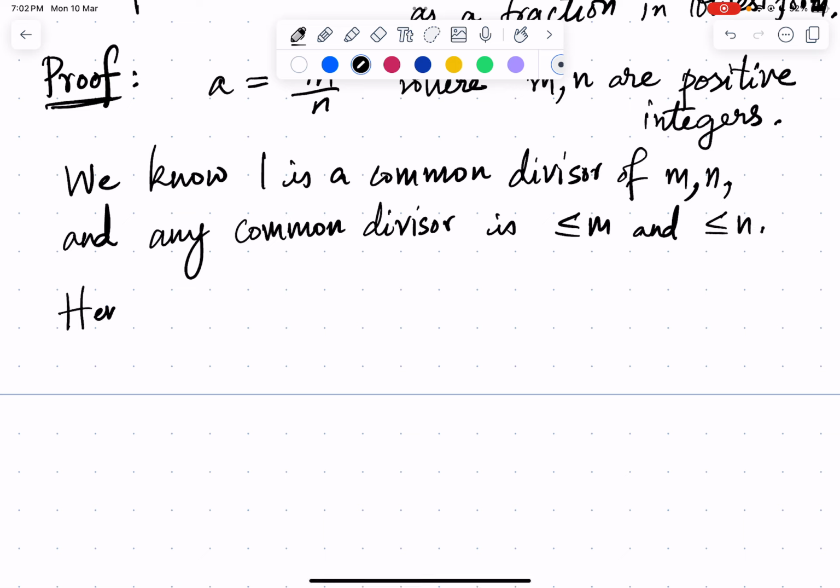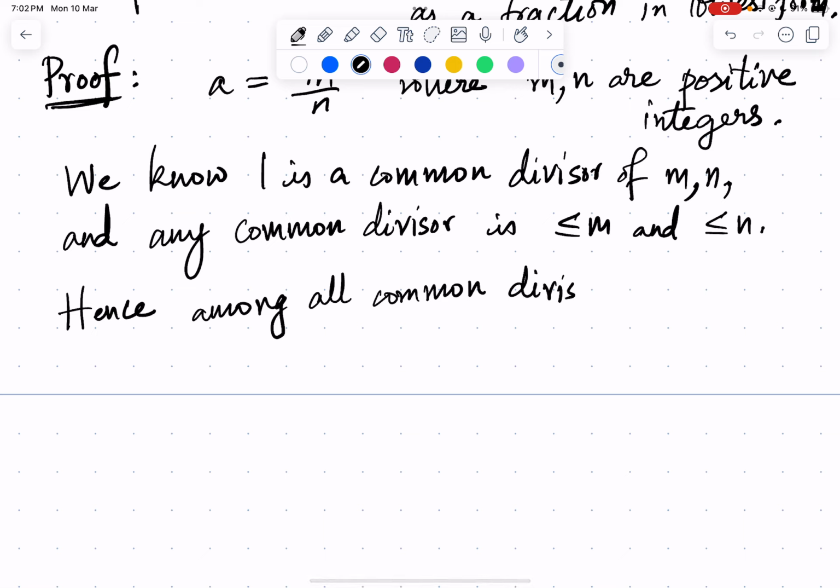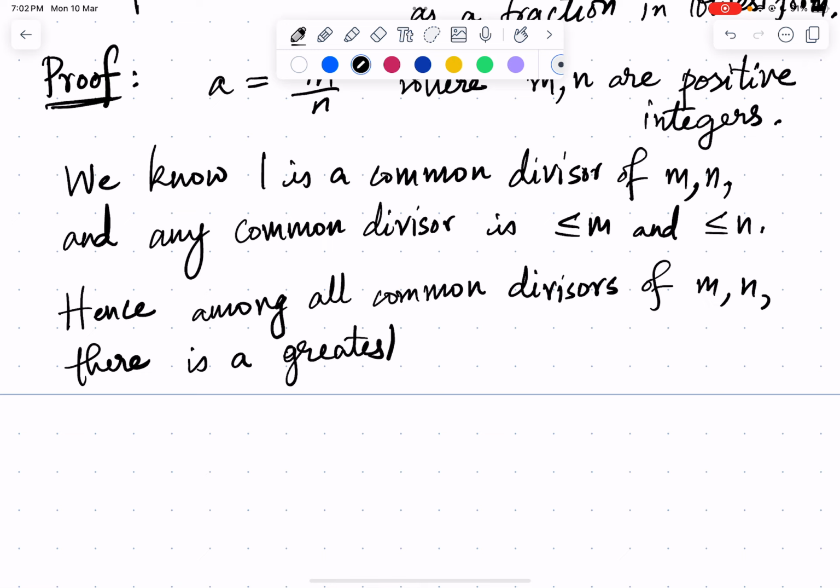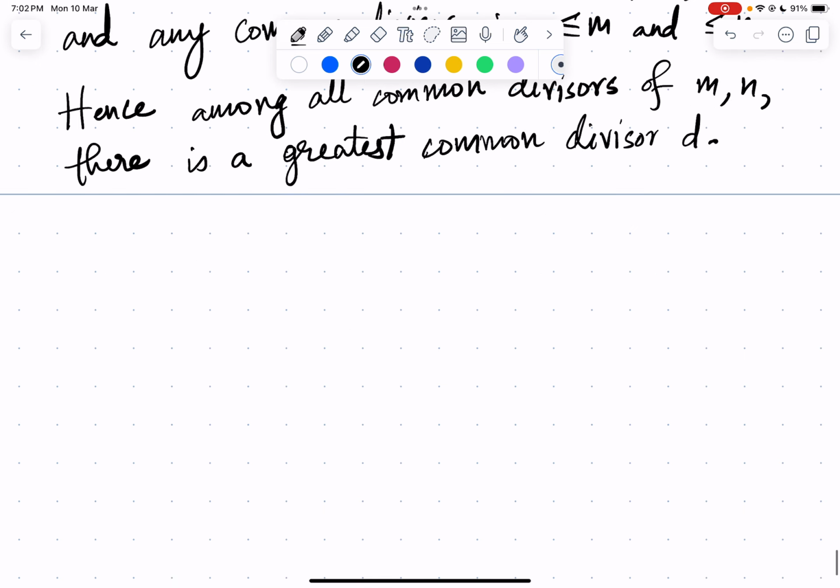So hence, among all common divisors of m and n, there is a greatest common divisor d.